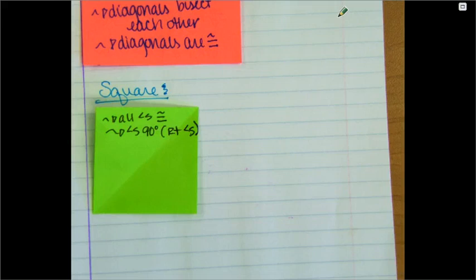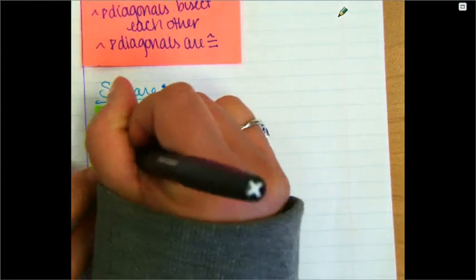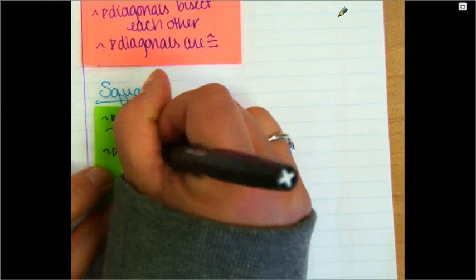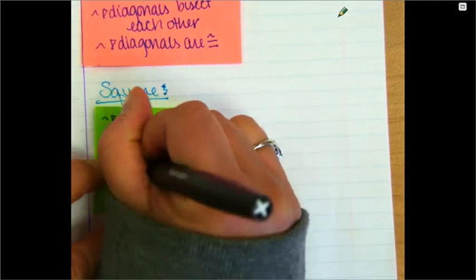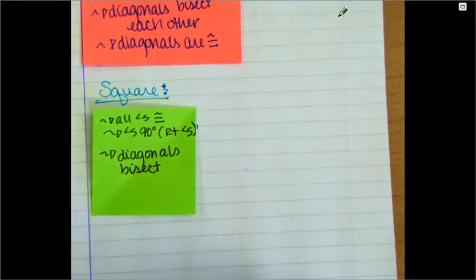I formed something right here on that fold. What's that fold? It's your diagonal. It makes triangles, but you have a diagonal. Our diagonals bisect once again. Diagonals bisect. Diagonals also do something special to the angles.